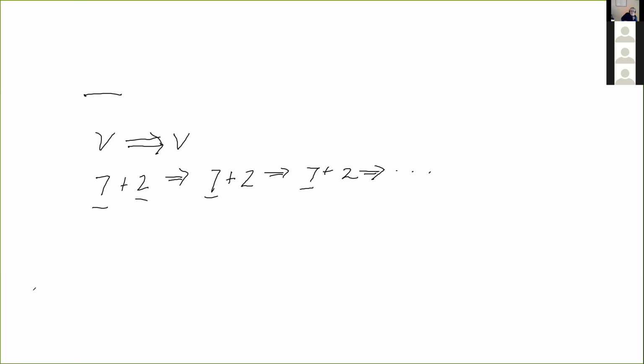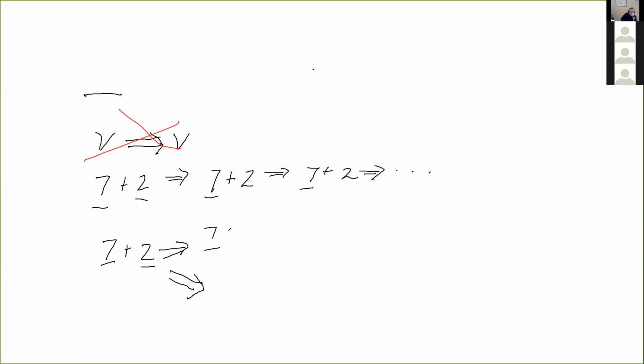So forget about this. This is bad. Let's see, can I make it red? Bad. Can't have something like that. We can't have any rule that allows us to have a circle. But if I say 7 plus 2, there's 2 ways to do this.